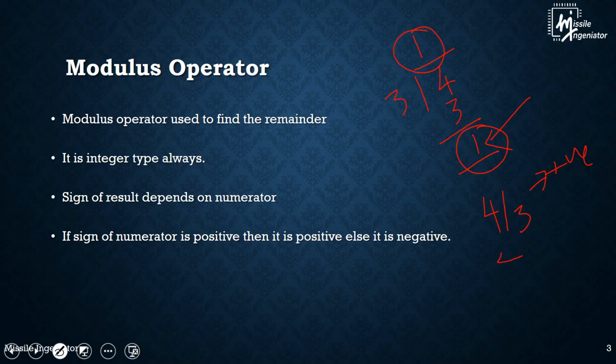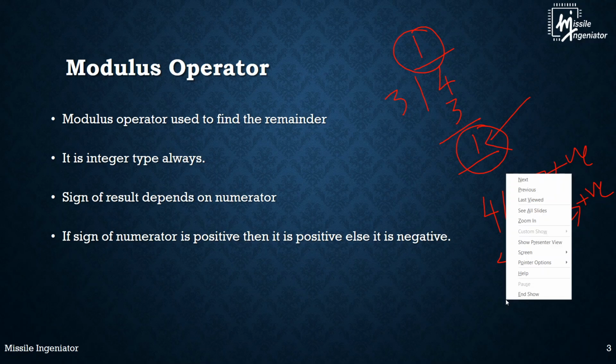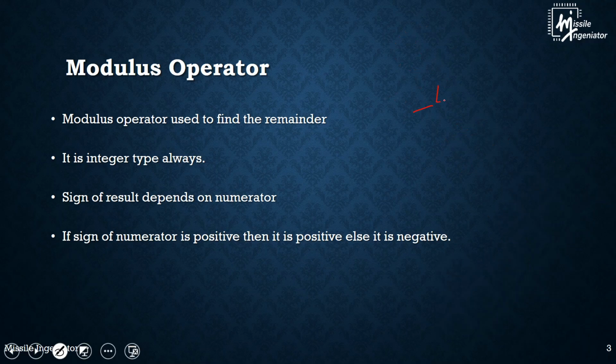Or if I take 4 divided by -3, the result will also be positive, because the numerator is positive. In the case of a negative numerator, say -4 divided by 3, the value is negative. Or if I take -4 divided by -3, as our numerator is negative, we still get a negative value. So this is how the modulus operator works.